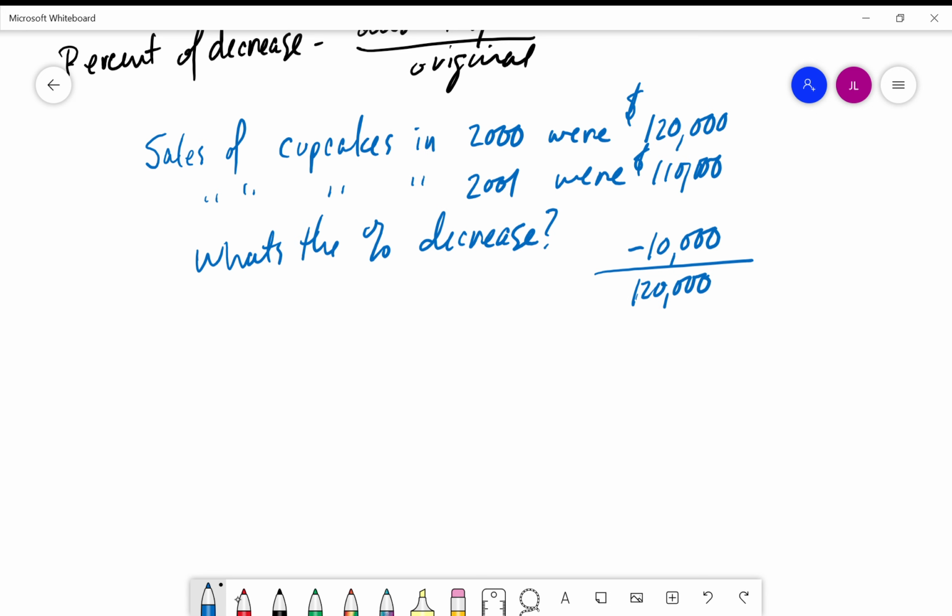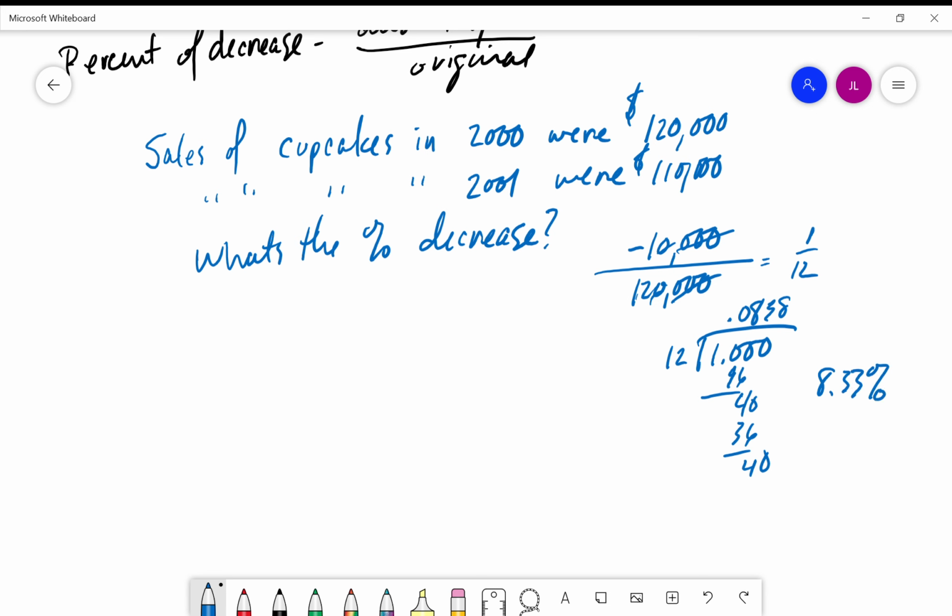What we're essentially getting is 1 over 12. Now we can divide 12 into 1. We get 8, 96, 4, 3 is 36. So it's 8.33% is the percent decrease.